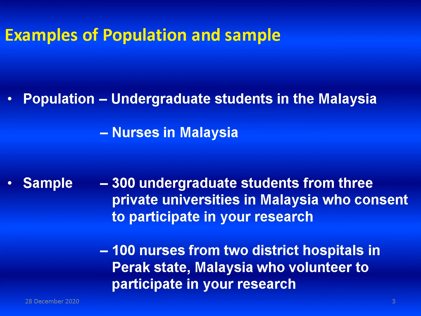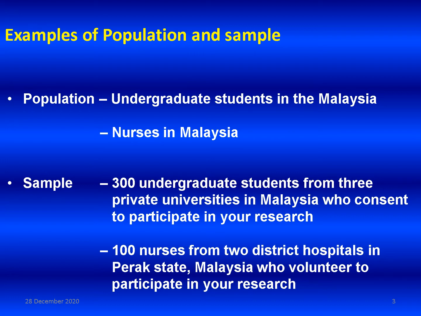The sample will be 300 undergraduate students from 3 private universities in Malaysia who consent to participate in your research. So a sample is a part of the population. Population is the whole undergraduate community in Malaysia.